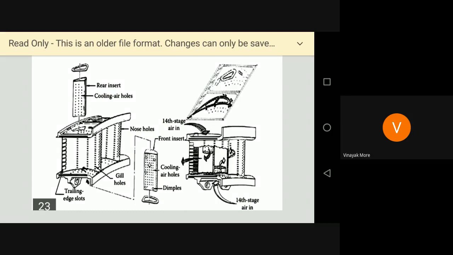Inside that are what are called inserts. So with the help of inserts and the surface of the blades, the air which is coming from the inside passages at a very high pressure from the compressor is going to produce the impingement cooling. So that is shown here. Again we will discuss in the next slides.